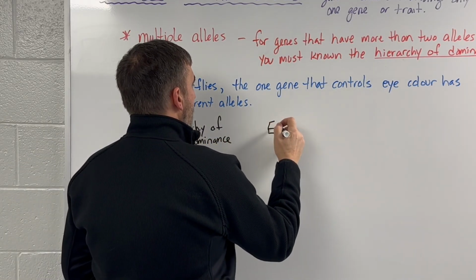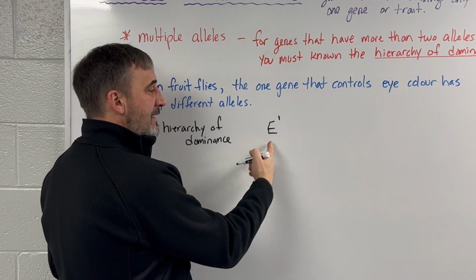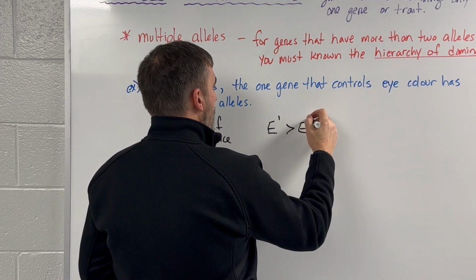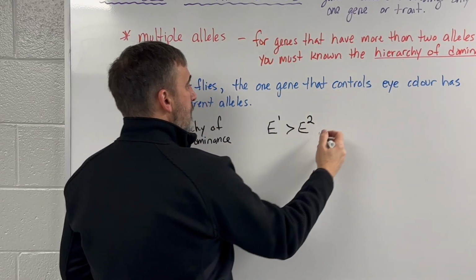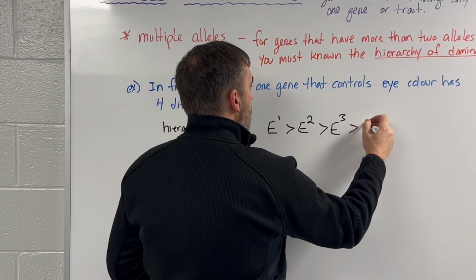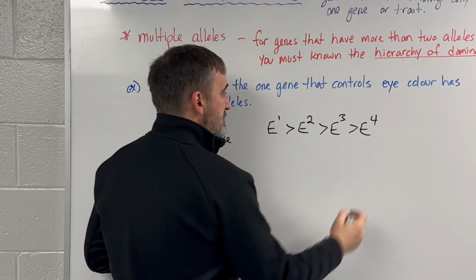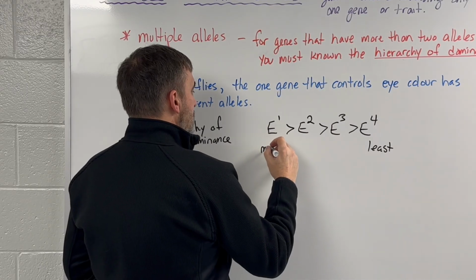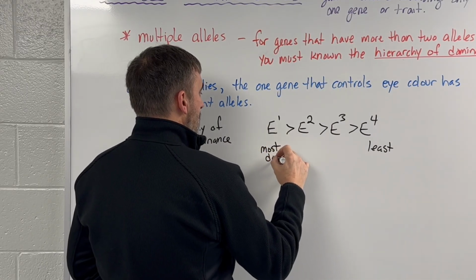Simply that eye color allele 1 is the most dominant. It's better than 2, and 2 is better than 3, and 3 is better than 4. So this would be the least dominant. This would be the most dominant.